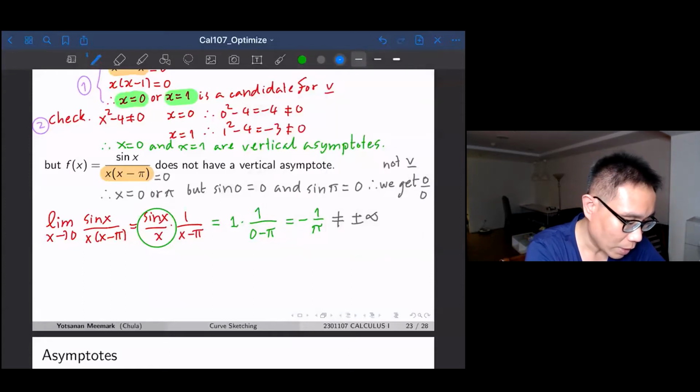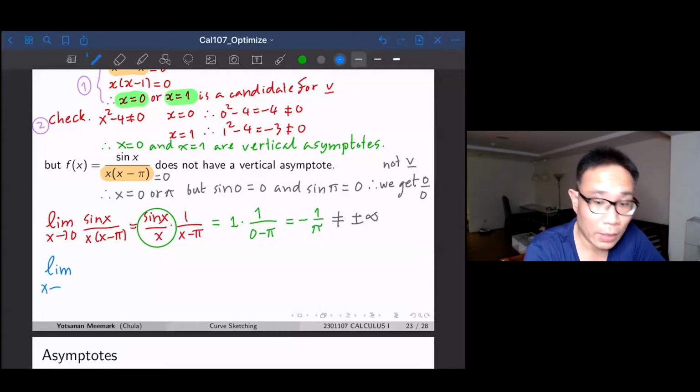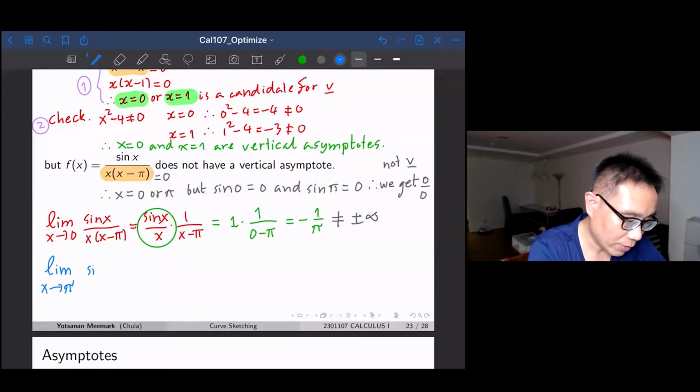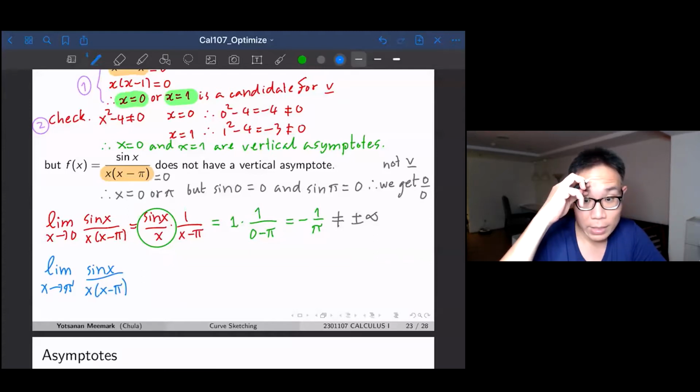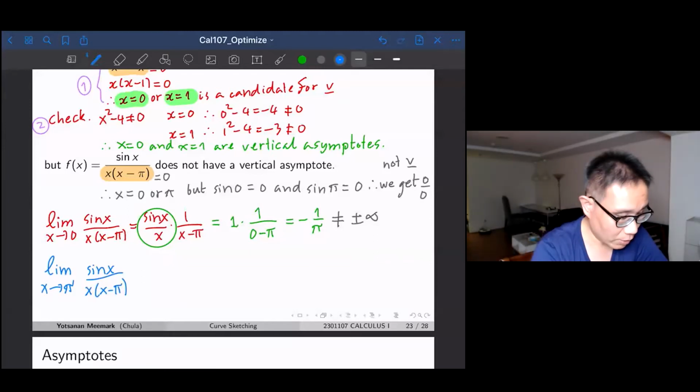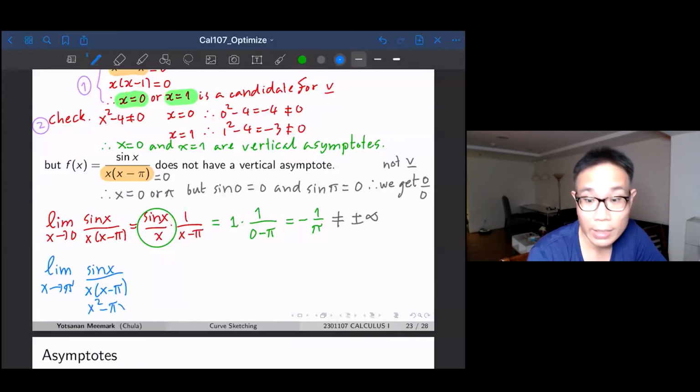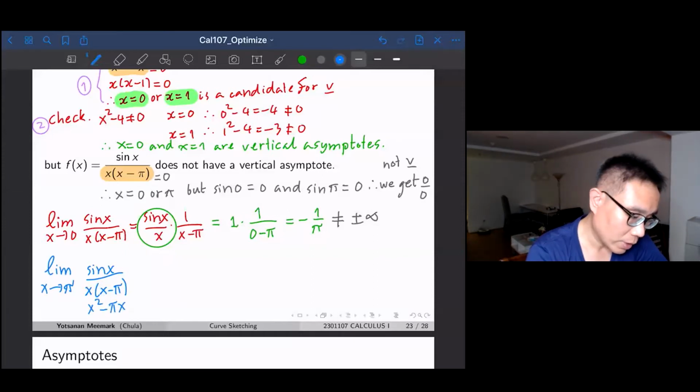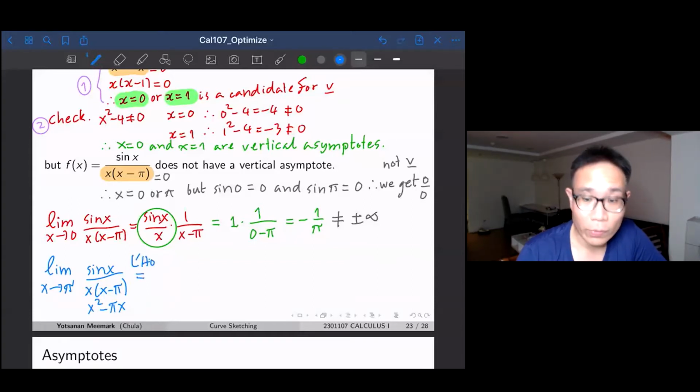Let's do one more. If you take the limit as x goes to pi of sin x over x times x minus pi, you may just multiply the bottom and try to use L'Hopital. So the bottom is x squared minus pi x, and you're going to use L'Hopital because you are having 0 over 0.